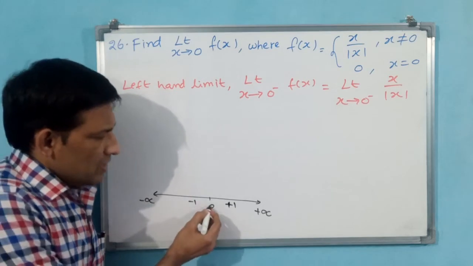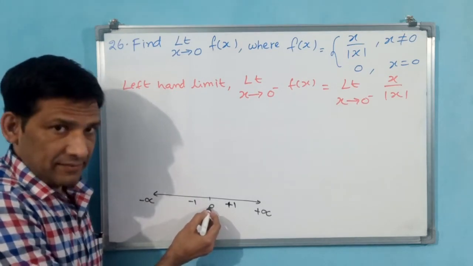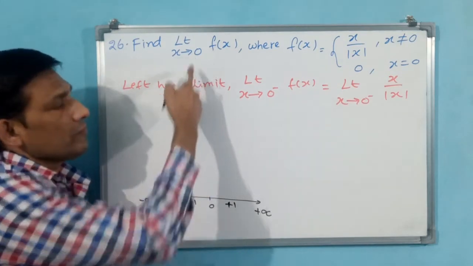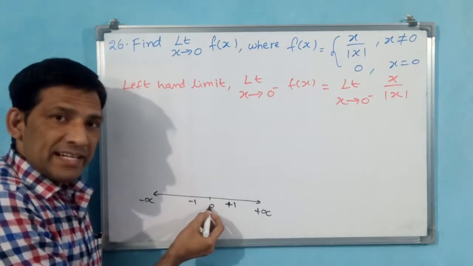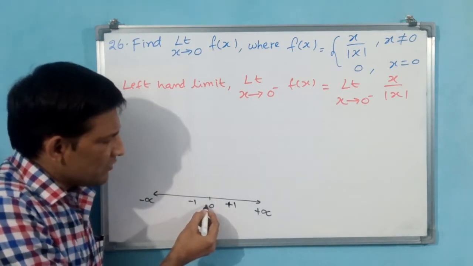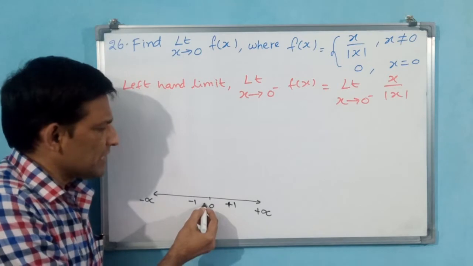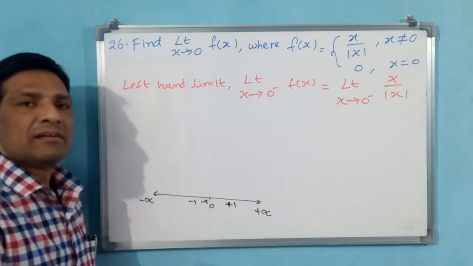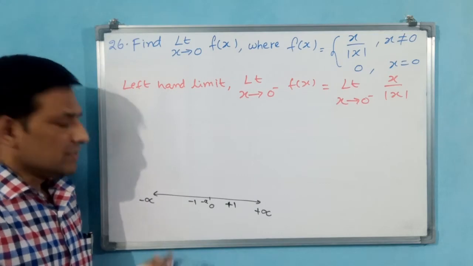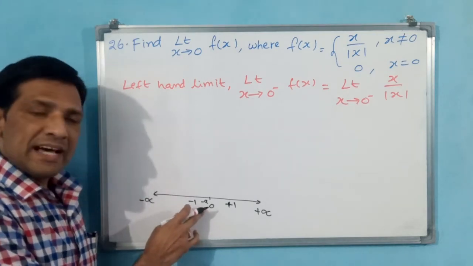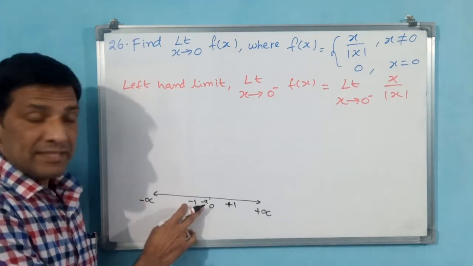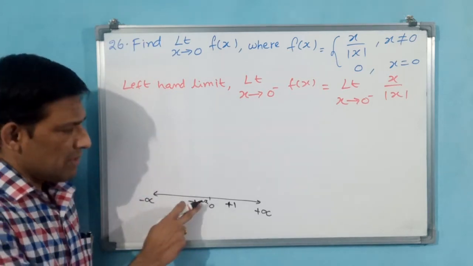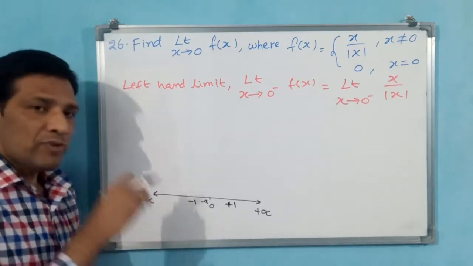You are finding the limit at 0, but not exactly at 0. Left hand limit means you are going slightly to the left side. Shall I write this as minus a? This is greater than minus 1 but less than 0. But it is minus, that you keep in your mind. Why are we stressing minus here?